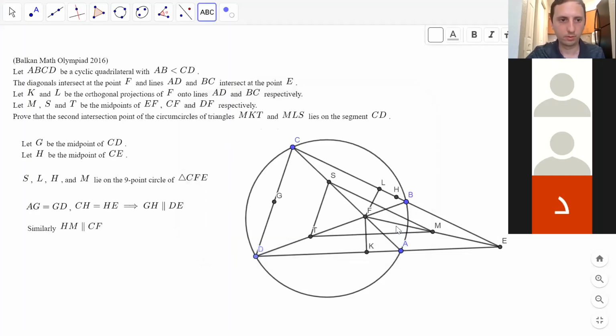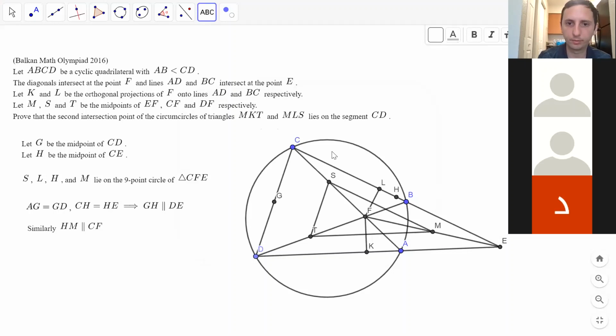All right. So we want to show that angle GHM is GLM. So GHM is, trying to remember how we do this.